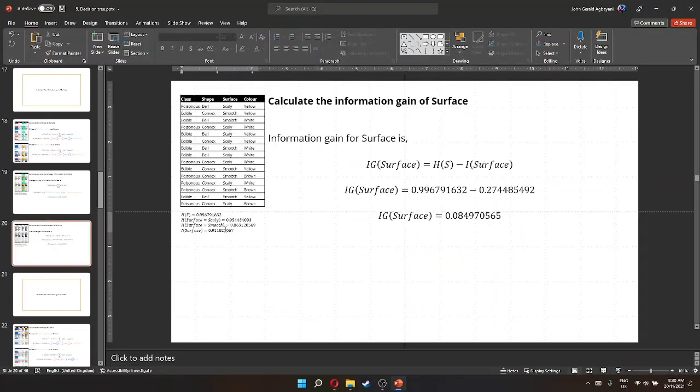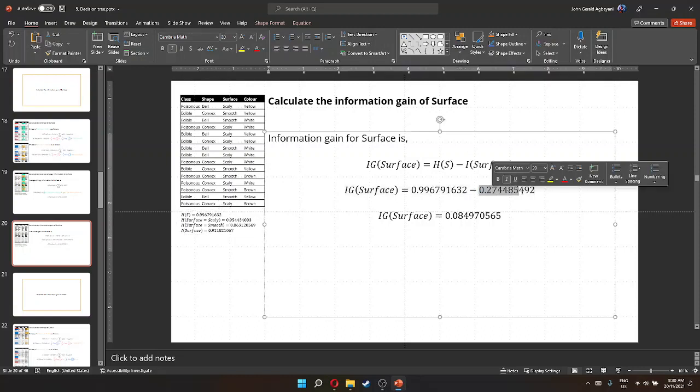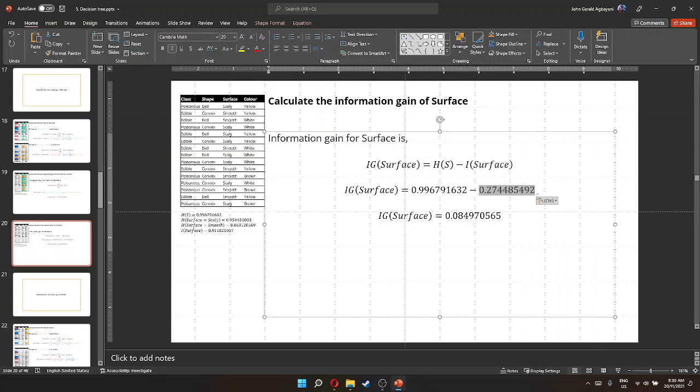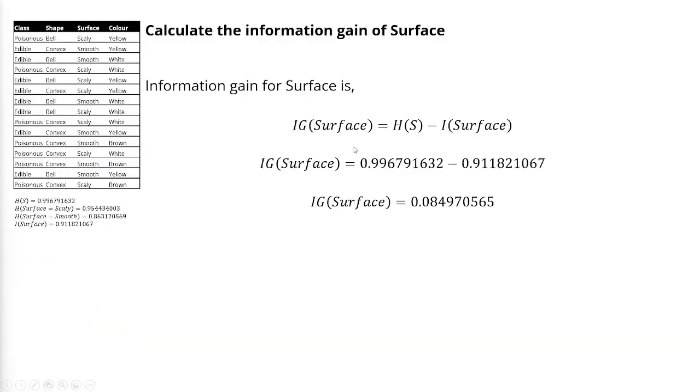Just a second. I didn't update it. So, this is not 0.27. What we calculated earlier was 0.91, right? Okay, there. I will update it. So, we subtract. The result here is, the information gain of surface is 0.849 something. Okay, so now we are finished with the information gain of the surface.